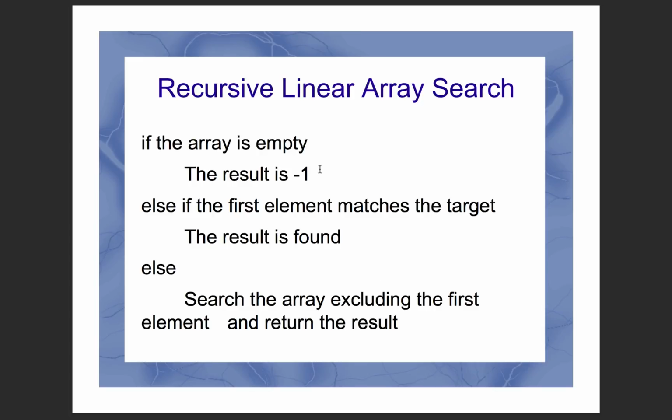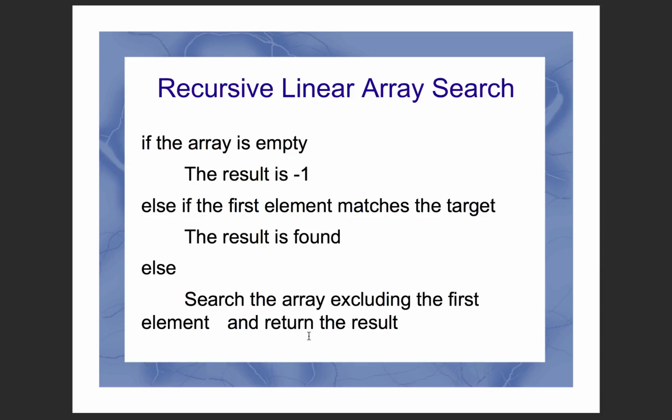And if these are not satisfied, then you call the linear search algorithm with the smaller portion of n, by excluding the first element of the array. So this is the recursive operation, how you can find it.